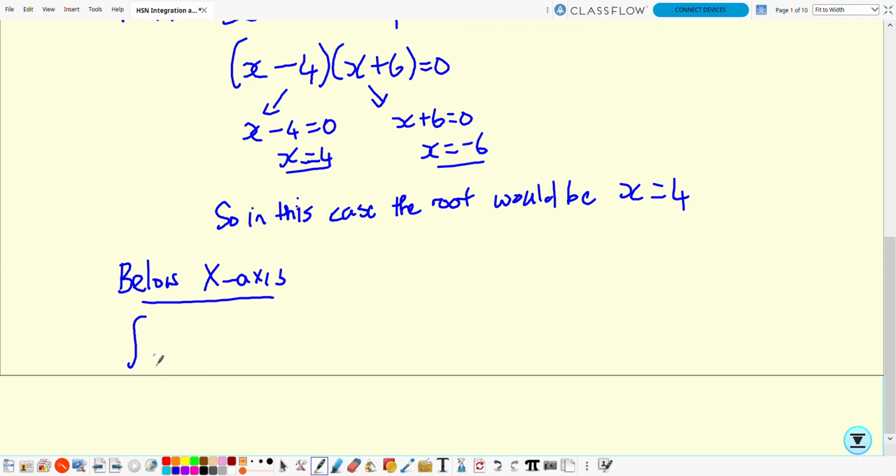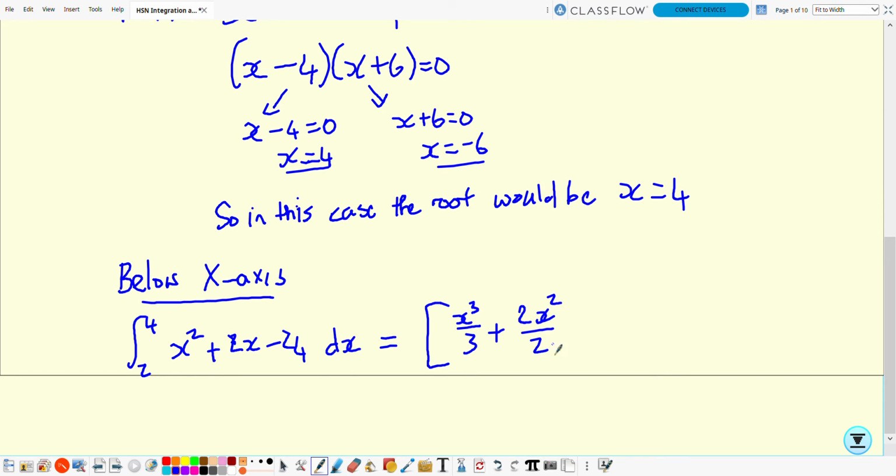So you would be integrating between first of all 2 and 4, the function x squared plus 2x minus 24 with respect to x, and that gives us x cubed over 3 plus 2x squared over 2, and minus 24x, and then you put your limits on there, between 2 and 4.